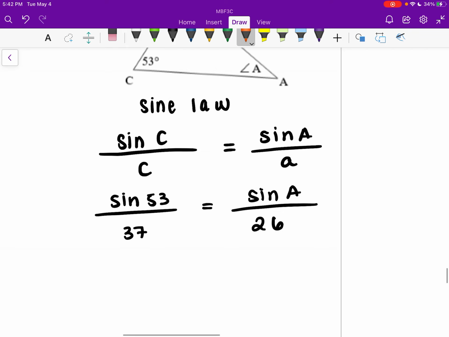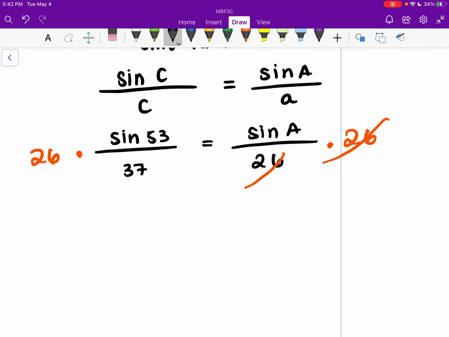I'm going to multiply by 26 to get rid of that 26 on both sides. Sine 53 divided by 37 multiplied by 26 is going to give me 0.56120, and I like to just write in as many of the decimals as I can.